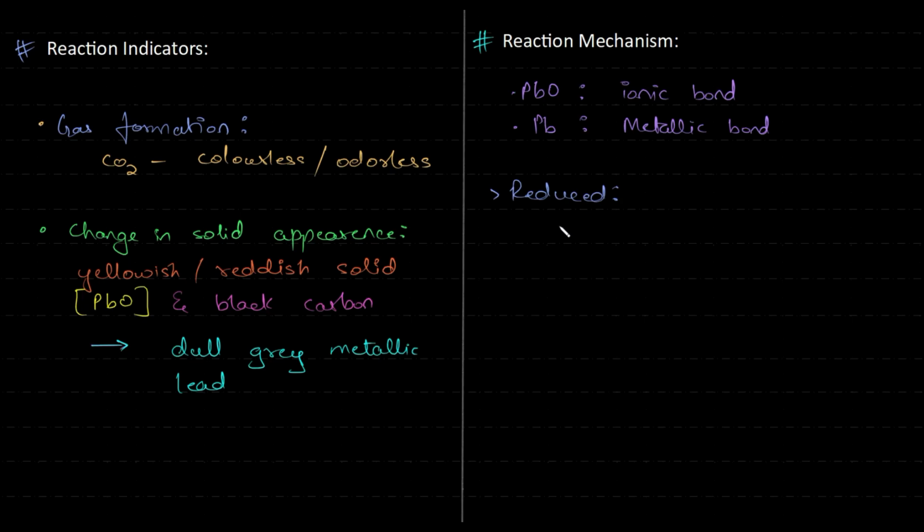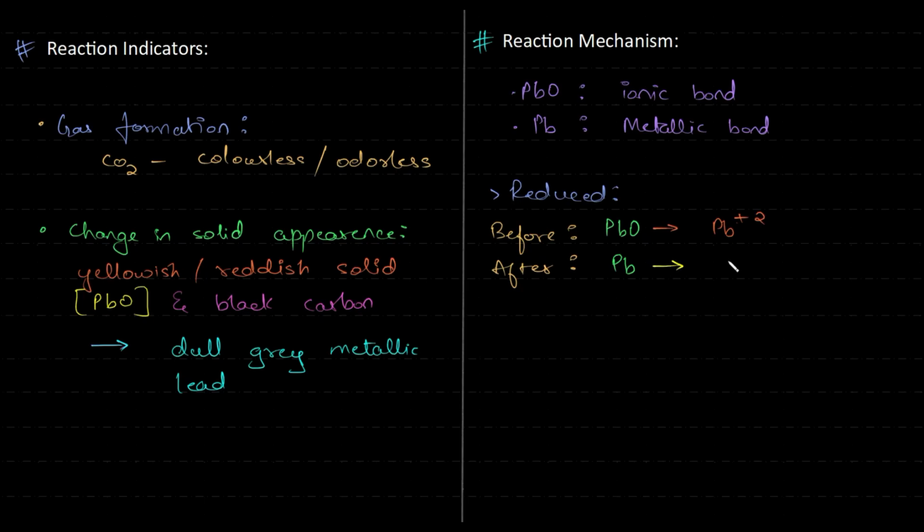So who is reduced? Let me write before and after. To begin with, PbO becomes Pb. And we know oxygen wants to take 2 electrons, so lead is charged with plus 2.